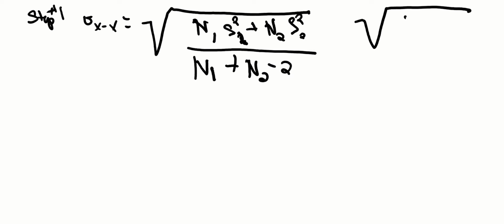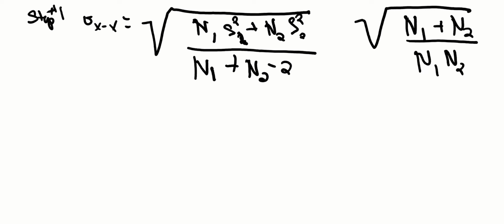And we'll multiply that by n1 plus n2, divided by n1 times n2. So it looks kind of encompassing, but it's not that bad, right?